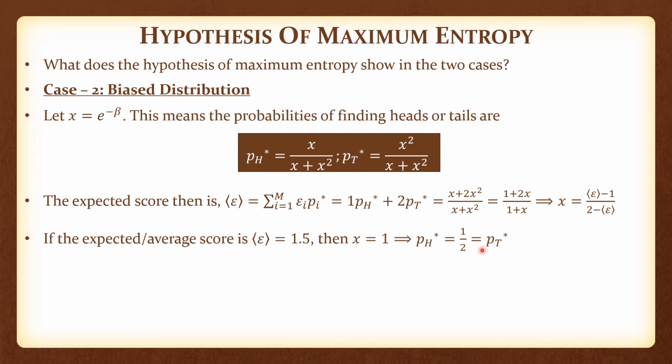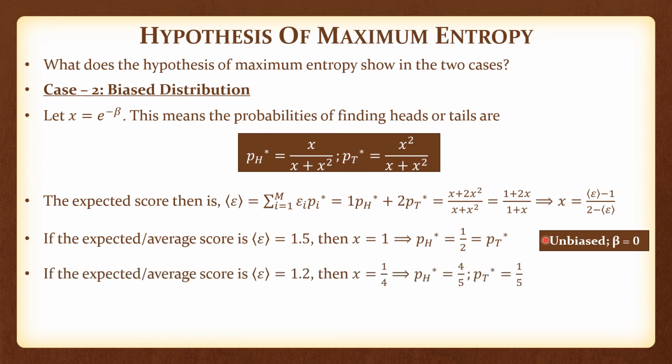So both probabilities are equal. So if this distribution reduces to an unbiased distribution, we get back the exact result that we got earlier. For this case, of course, beta will be 0 because x should be 1.